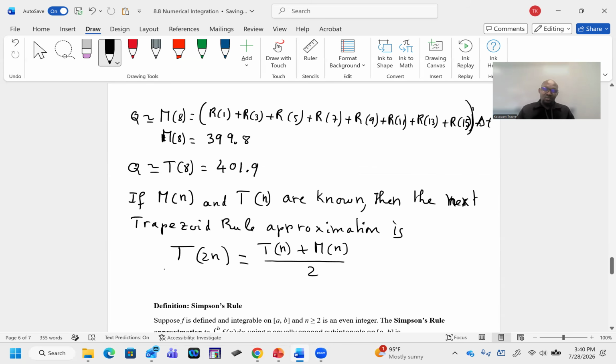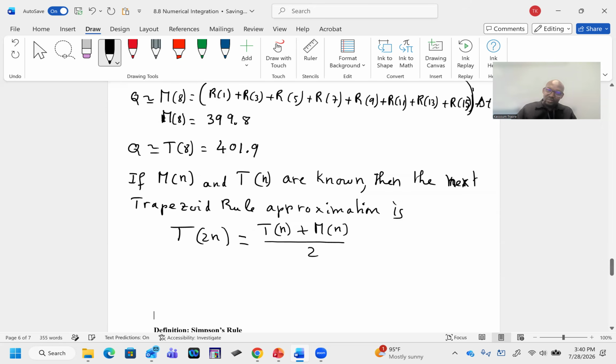Like what I mean is, for example, to find trapezoid of 8, it will be equal to trapezoid of 4 plus midpoint of 4 divided by 2, or you can see we find both of them, right?